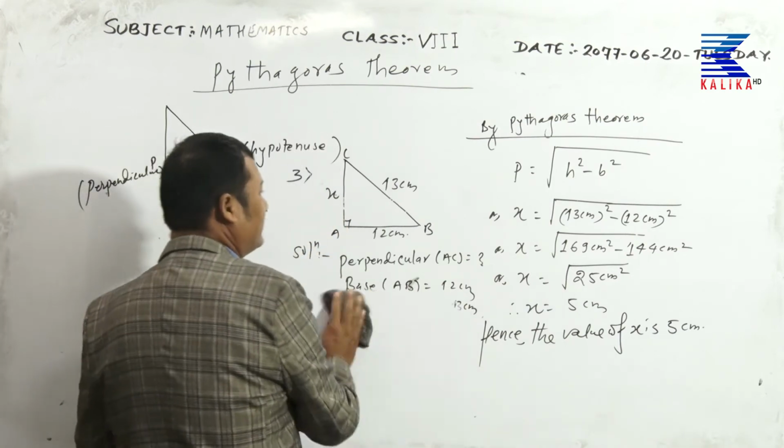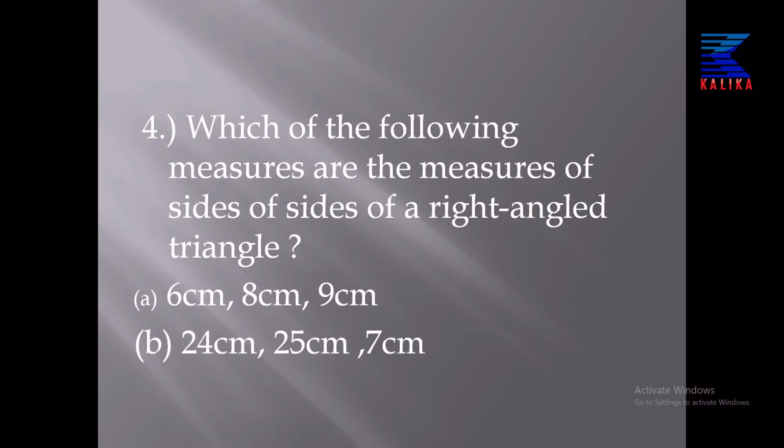Look at the slide. Question number 4. Which of the following are the measures of the sides of a right angle triangle? A is 6 cm, 8 cm and 9 cm.